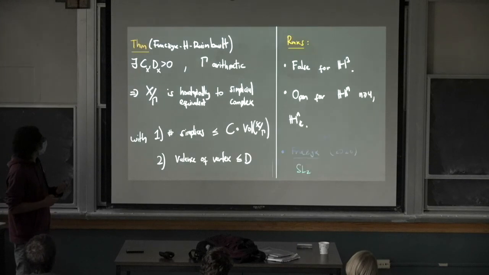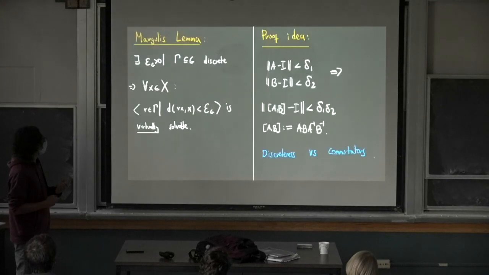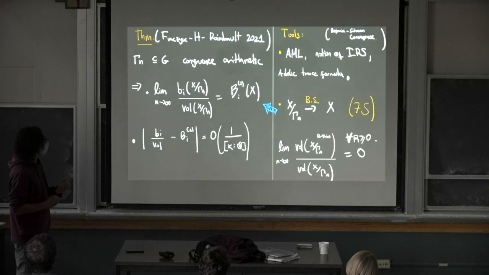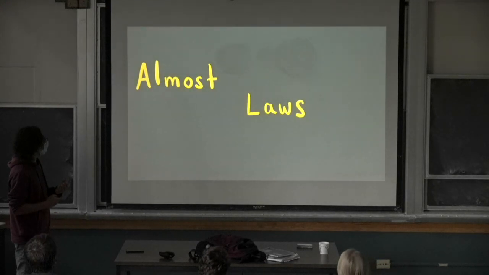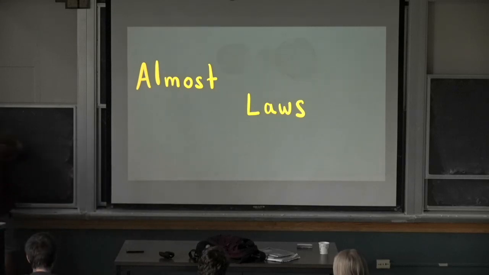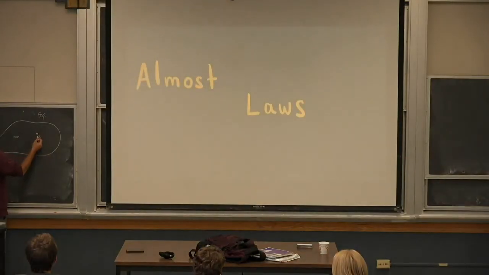I don't have a picture to explain it, but basically, if you have G mod gamma, you take a point here and then you look at the manifold from this point.